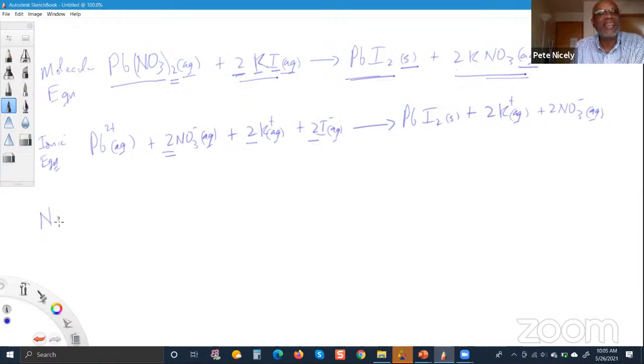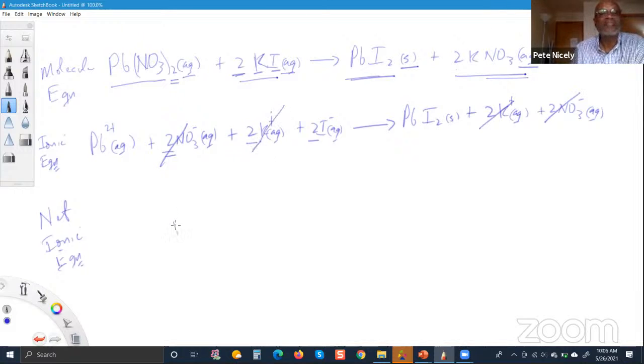So to get the net ionic equation, we look for the spectator ions. And in the case of this particular example, the nitrates would be the spectator ions, so we can cancel them out. And the potassiums will be the spectator ions, so we can cancel those as well.